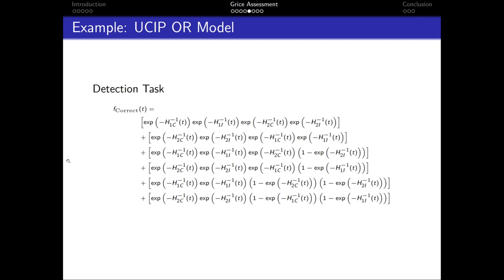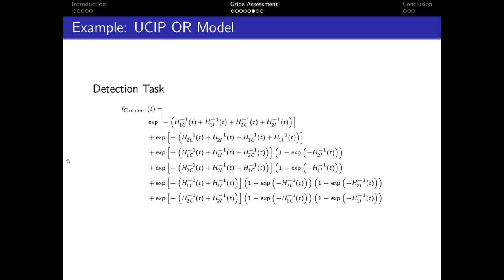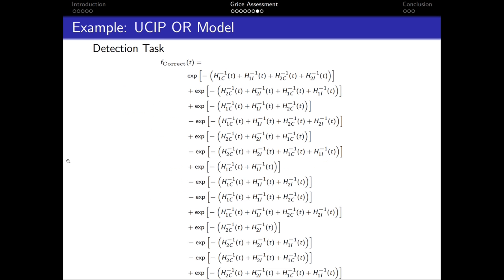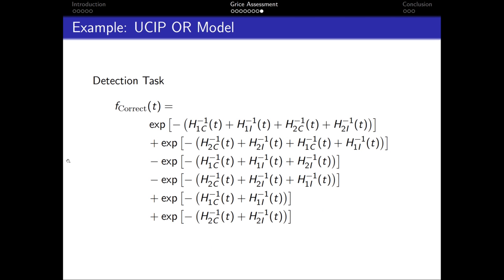So we get a little bit of simplification, even if it doesn't look like it, from plugging in that distribution function. And then we can do some algebra to combine terms and end up with a relatively simplified representation of what the density of a USIP correct response time would be for a detection task. And notice this has sort of an inclusion-exclusion form.